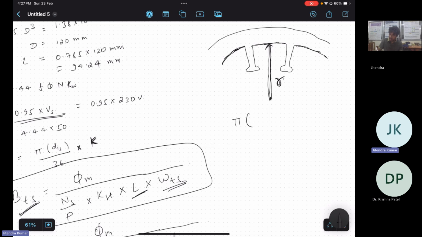Pi into D, where D is the bore diameter plus 2 times the slot depth, divided by the number of slots, which is 36. This will give you the width of each tooth.